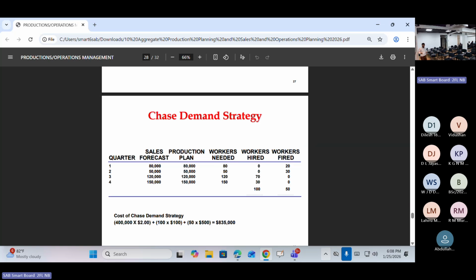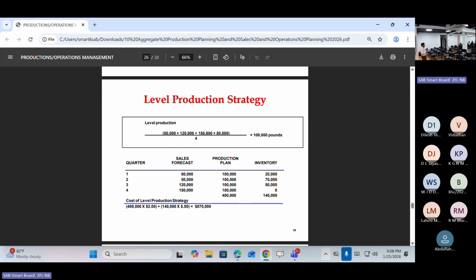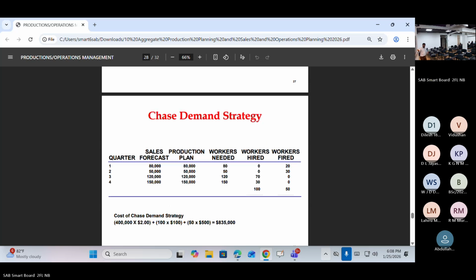They are 835 and 870. So we would recommend they follow the chase demand strategy because the total cost of the production plan is lower, if they make the decision based only on cost. There can be other factors like company policy and other details. They can consider them, but based on cost, this is what we recommend because this is the lowest cost.